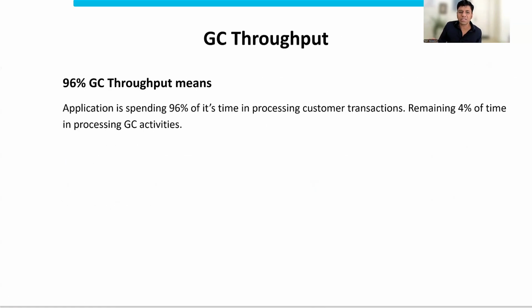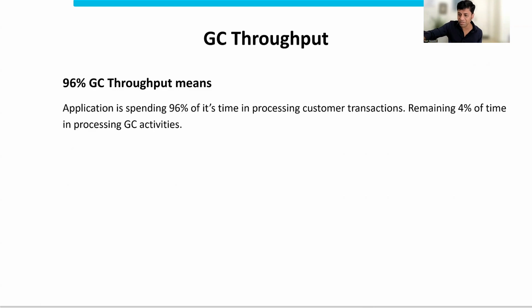When someone says my application has 96% throughput, what it actually means is this application is spending 96% of its time processing customer transactions. The remaining 4% of time is spent on garbage collection activity.